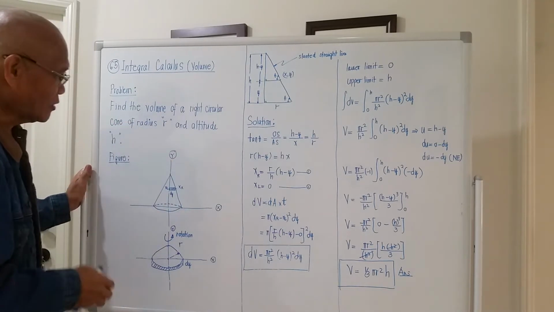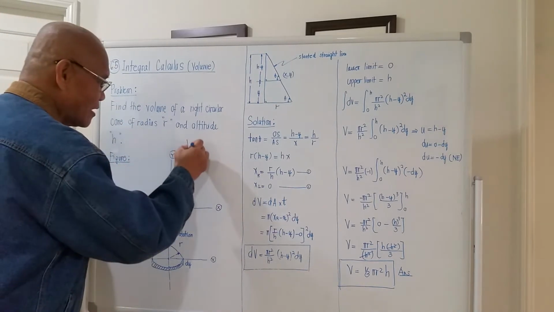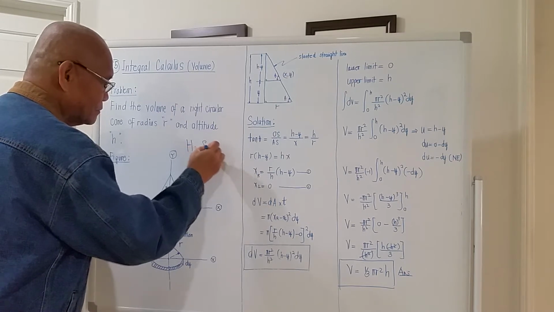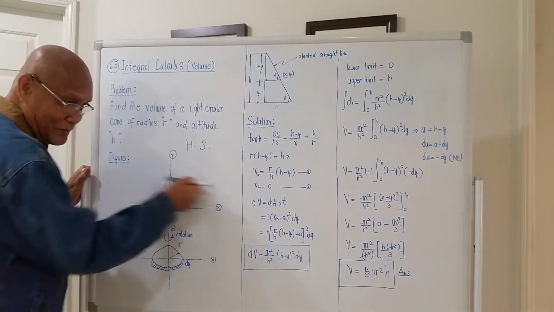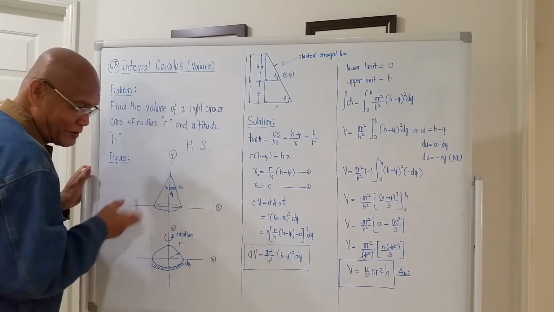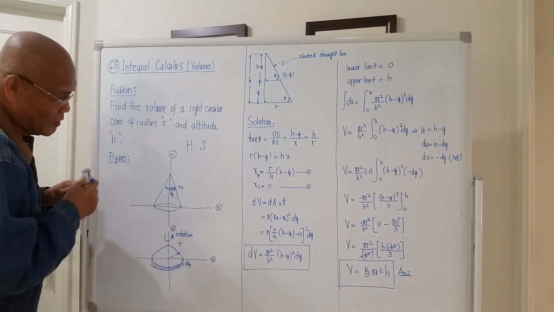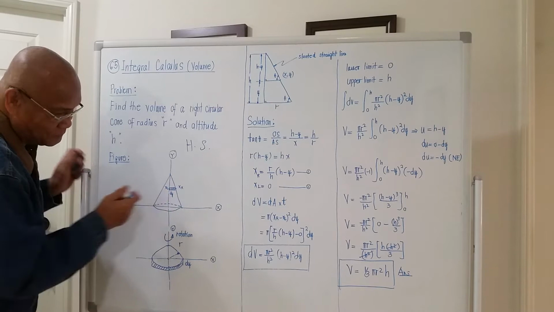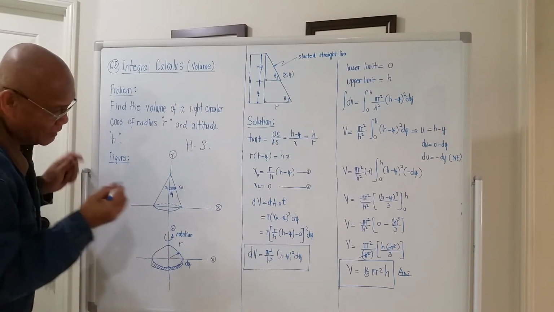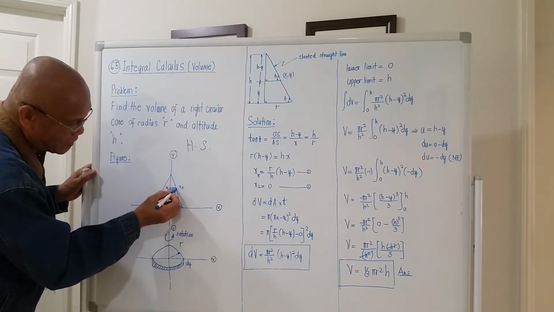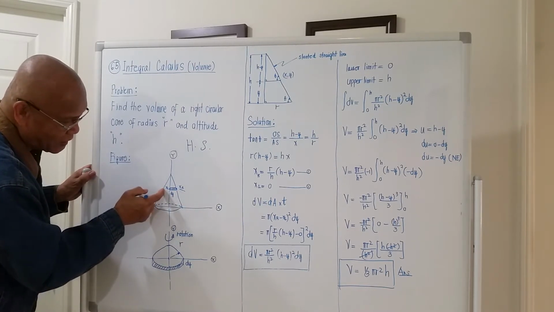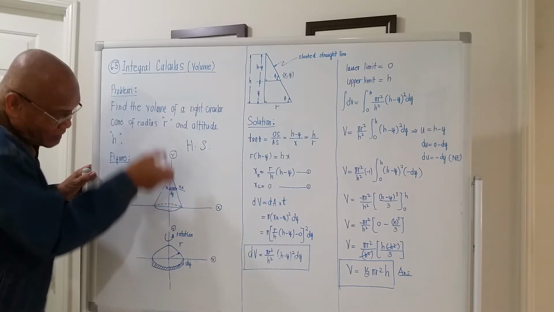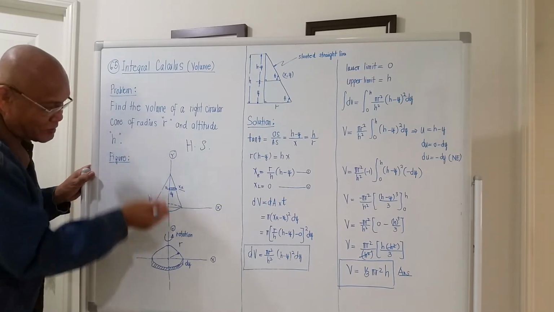By using horizontal slice. Why horizontal? It's parallel with respect to the x-axis. Horizontal. So this will be the differential area. This point here will be XR, this point here will be XL, and the thickness is along the y-axis, so it should be dy.